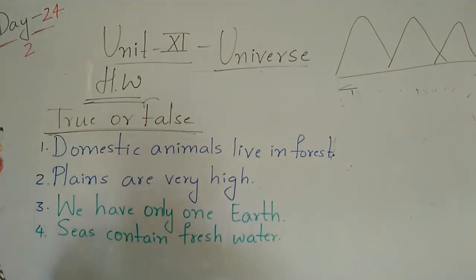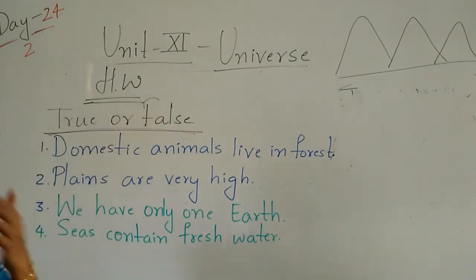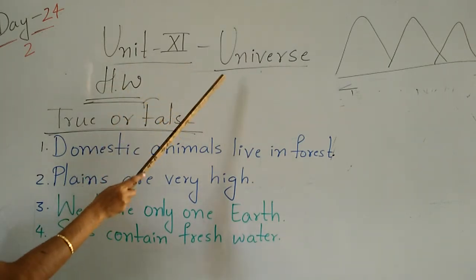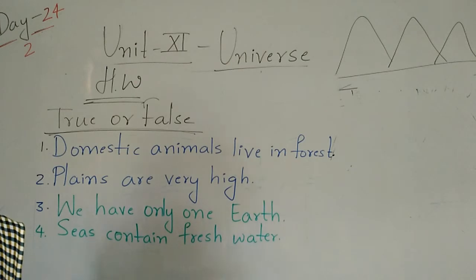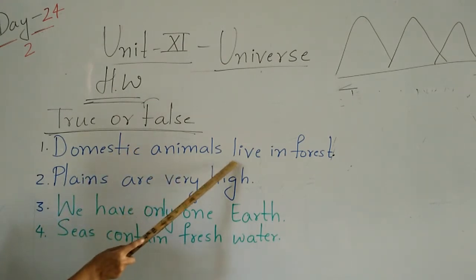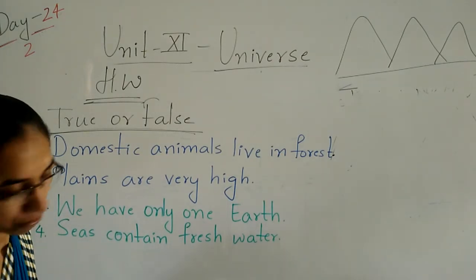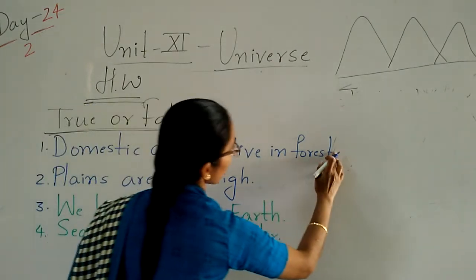So this is the homework for you children. You have to write in your EVS notebook, write the day and date when this video will go. Write the unit number, then write the lesson name, Universe, and then start writing the homework, true or false. First one, domestic animals live in forest. Planes are very high. We have only one earth. Seas contain fresh water. Okay children, these are the homework.